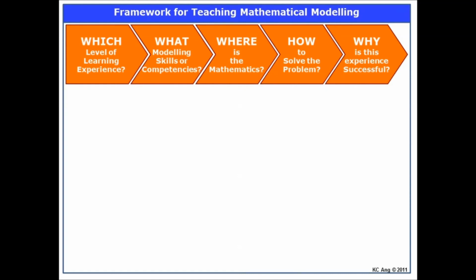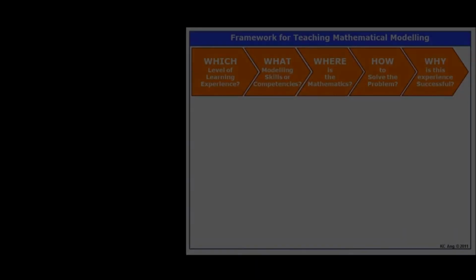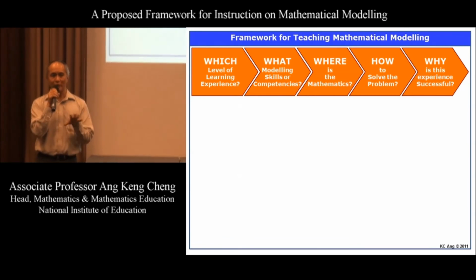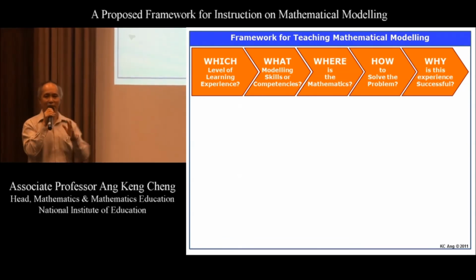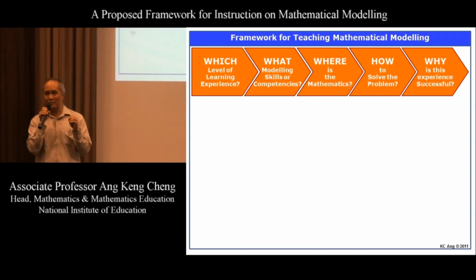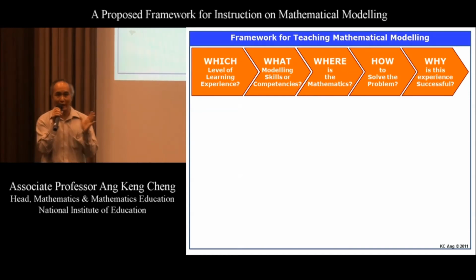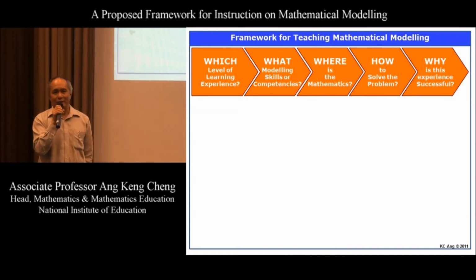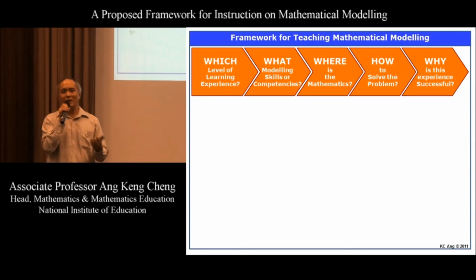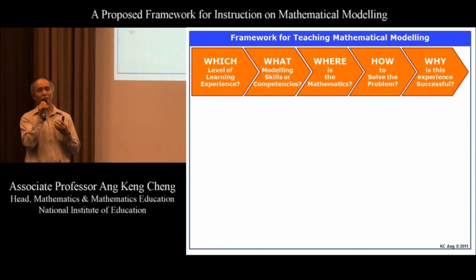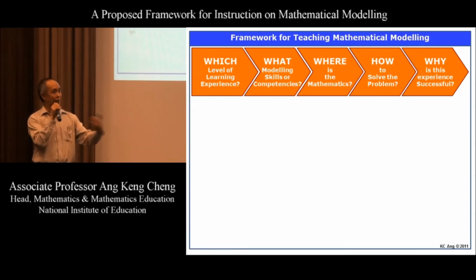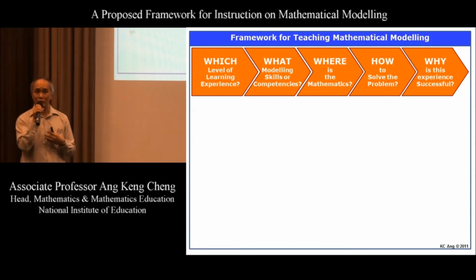The next one, how to solve the problem. It's also very important for teachers to have at least some idea of an approach to the solution of the problem. You can't just have a very fantastic modeling activity or task, but then nobody knows how to solve it. Sometimes teachers do want to keep things very open and let students come up with their own solutions and so on.